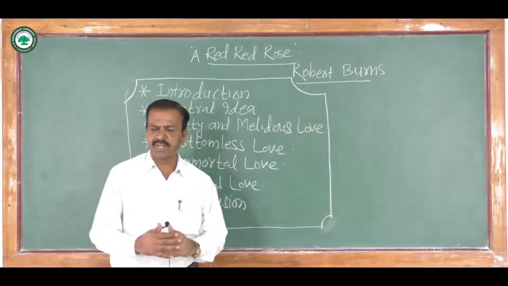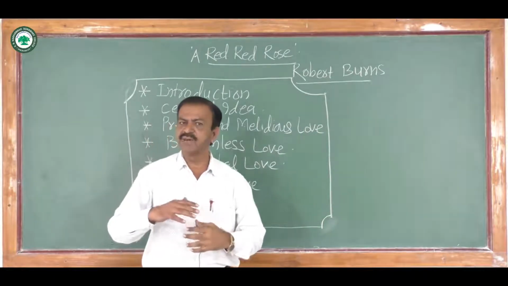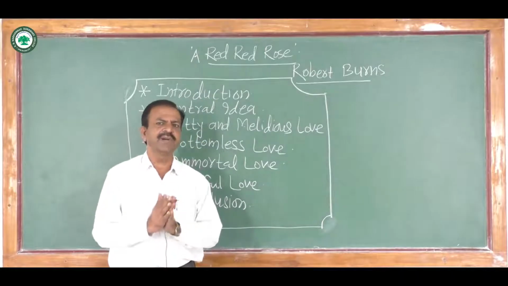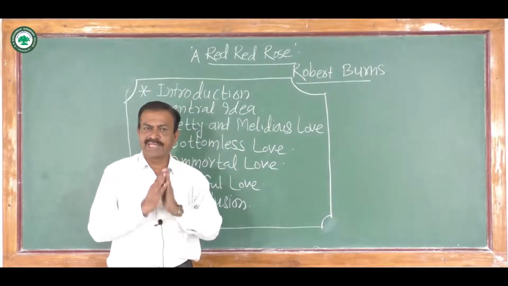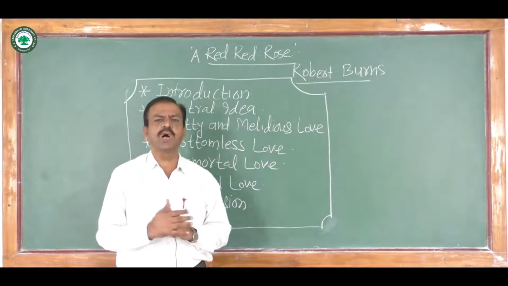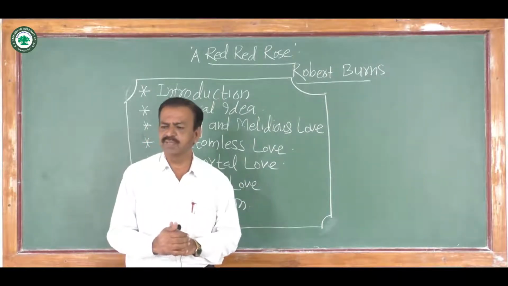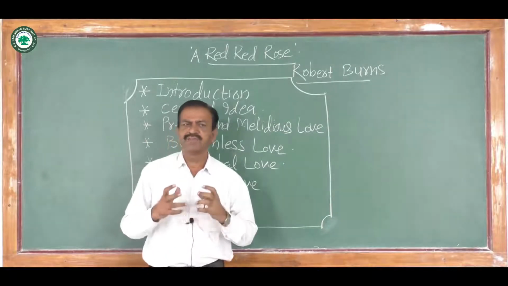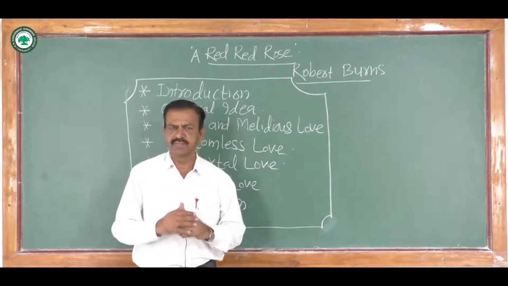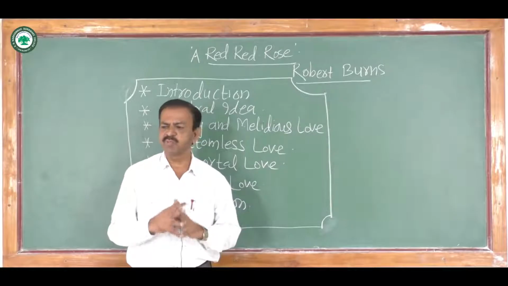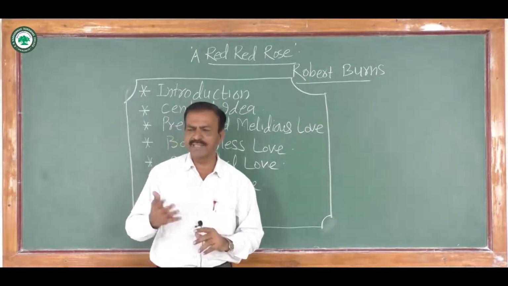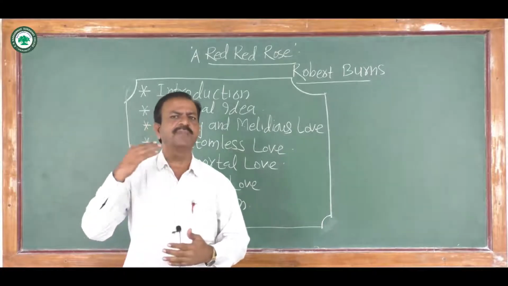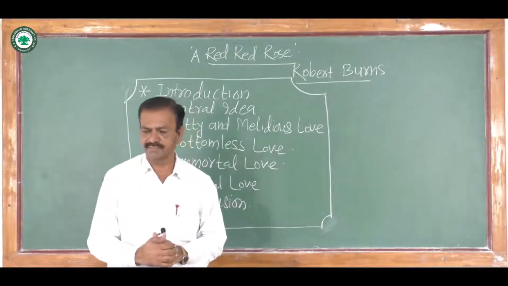Okay, and he starts his formal education under the guidance of his father. Then he is also called a national poet of Scotland, and from his childhood the poverty and struggle make him the national poet of Scotland.